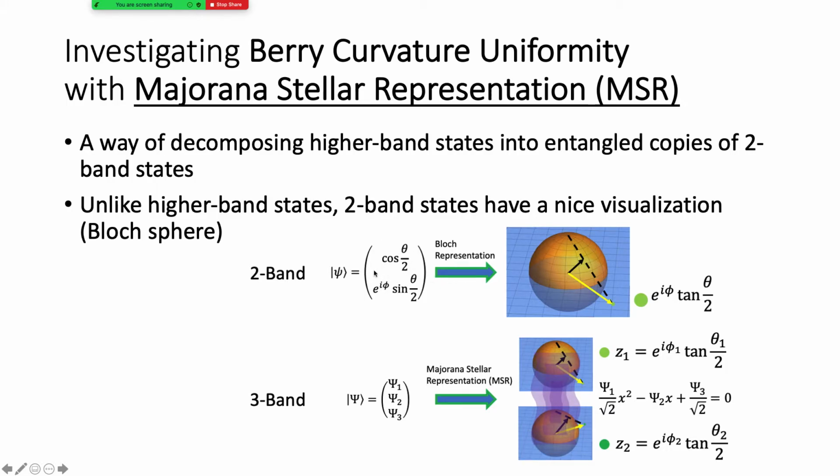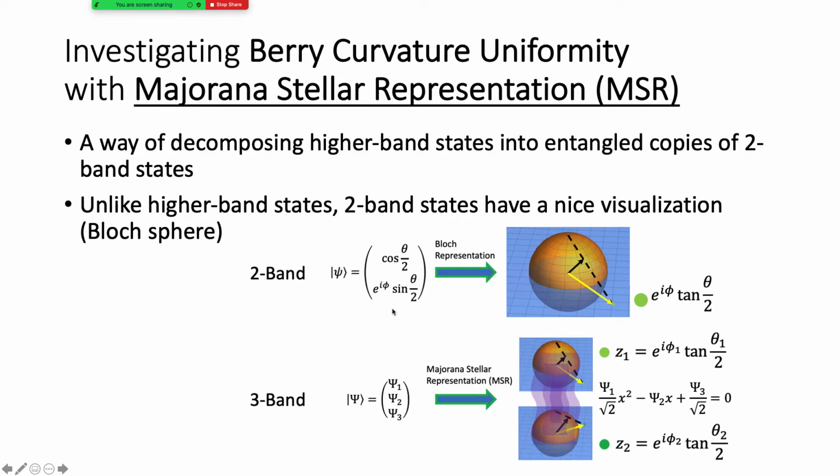And in order to understand this complex two-vector more geometrically, you can go through the Bloch representation to represent the spin half particle, the electron, as a point on the Bloch sphere. So essentially one electron can be thought of as a point on some sphere, and this is called the Bloch sphere.